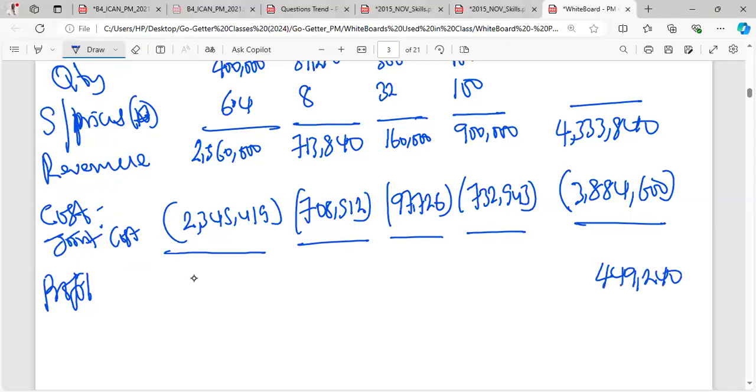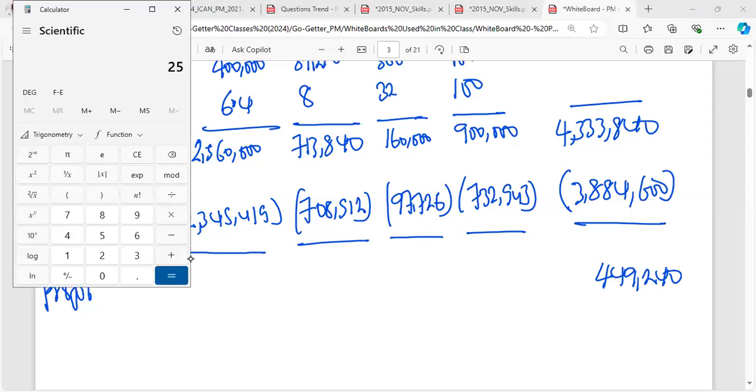That's the profit here. So let's start from the beginning: 2560,000 minus 2345419. That will give us 214581.